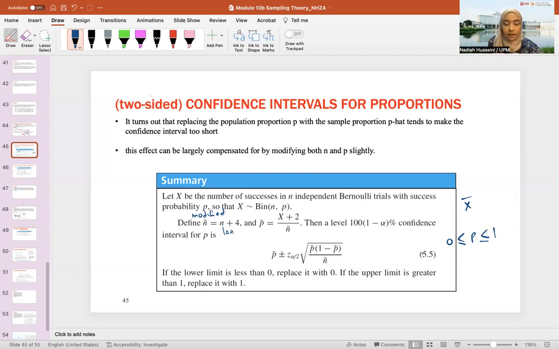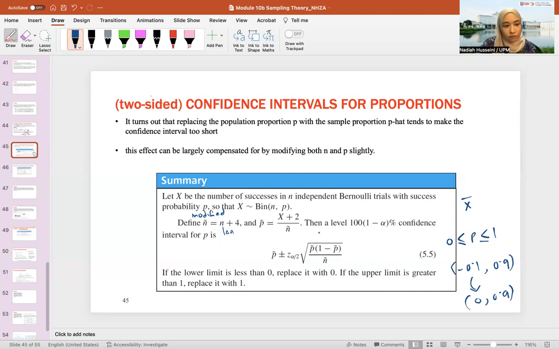So if, let's say, your estimation of the confidence interval gives you a range such as 0.1 to 0.9, then 0.9 is good, you're good to go. But the 0.1 is obviously not within the range, so you have to change this to become 0. So 0 to 0.9 will become your confidence interval for the proportion. That is what it means to replace your lower limit with 0 if it is negative.